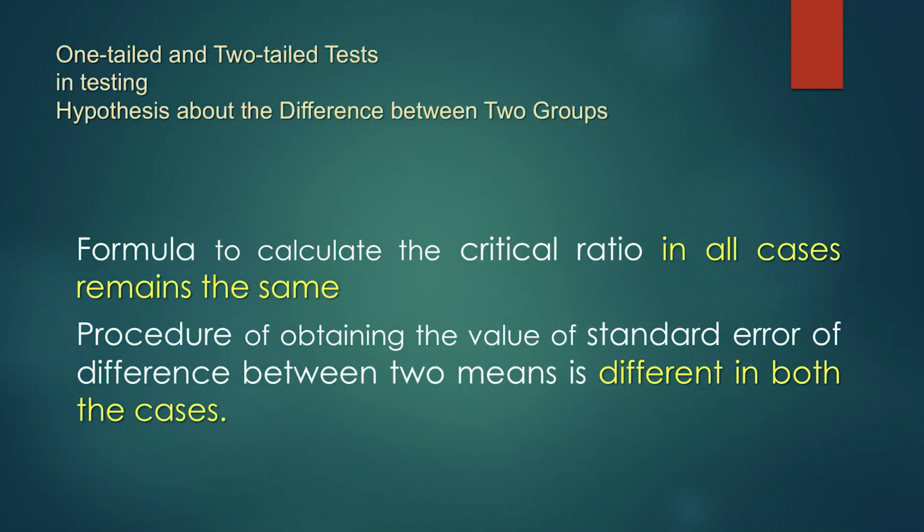I explained that, of course, the formula we use to calculate the critical ratio in all cases remains the same. At the same time, the procedure of obtaining the value of the standard score of the difference between two means is different in both cases. Anjali and Pooja both had the question, which I had to answer.